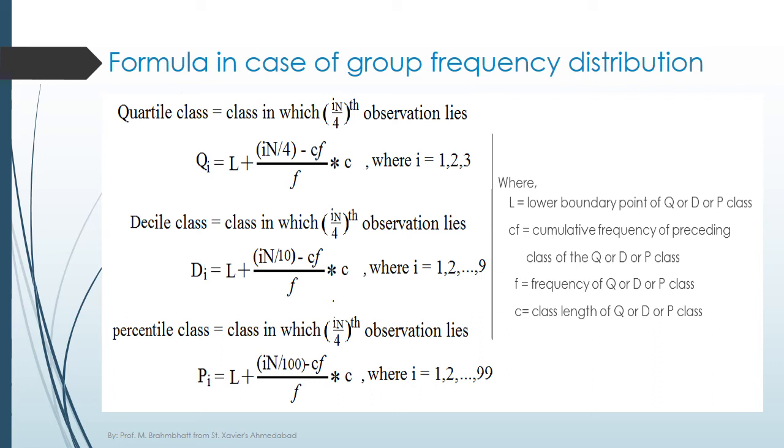Similarly, you have to follow the same formulas for the deciles and the percentile with a minor change. In deciles, in divided by 10, because in the decile the data is divided into 10 equal parts. In percentile, in divided by 100, because the data is divided into 100 equal parts.